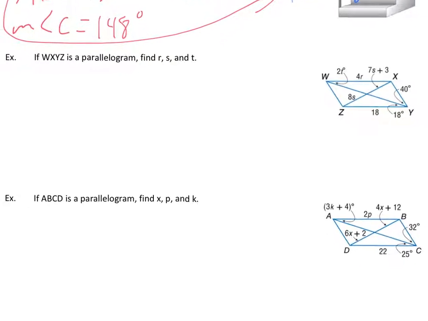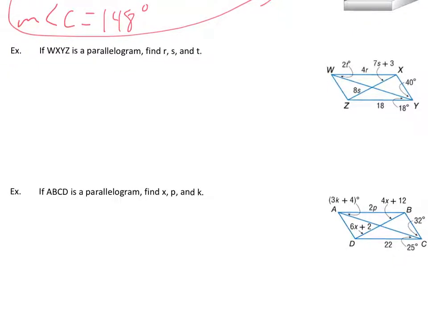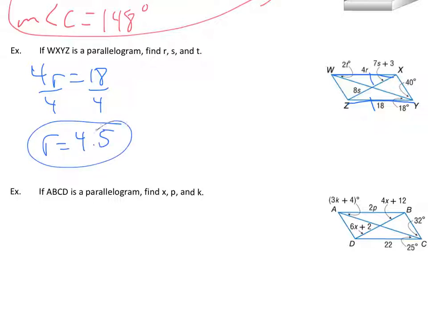Okay, we have a parallelogram now down below. We've got to solve for R, S, and T. Looking at R, look at this segment. It is opposite this segment. That means these two segments are congruent. So 4R equals 18, and we can now solve for R. R equals 4.5.